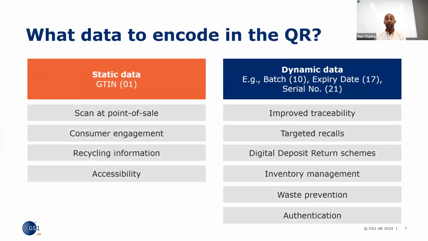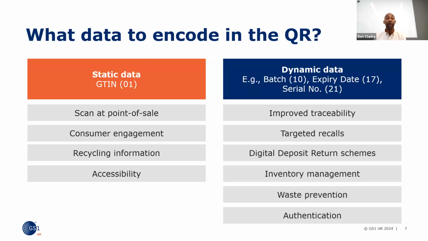Now, as you saw on a previous slide, QR codes powered by GS1 can contain a domain name and then at least a GTIN. And sometimes that's enough. You've identified the type of product, so you'll now be able to link it to some digital content via that product. You could wrap some accessibility functionality around that QR code. So now you're able to aid the blind or partially sighted. You could inform consumers how and where to recycle that product.